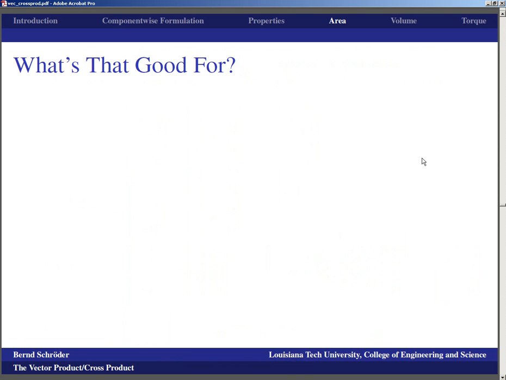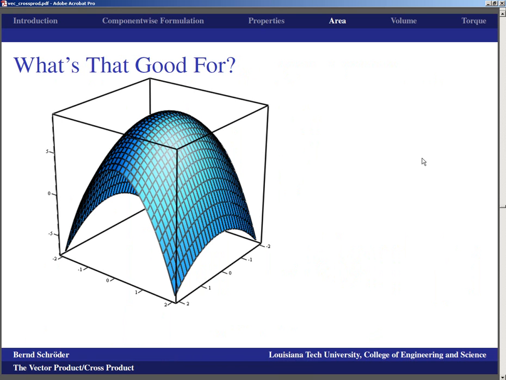What's computing areas of parallelograms good for, other than just computing areas of parallelograms? Well, one of the things that we're going to do later on in the course is compute areas of surfaces that have more difficult shapes than just being made up of straight objects. This is a surface plot of a paraboloid, I think, but I just needed the generic picture of a surface. These lines give us a grid on the surface, and that grid turns into small parallelograms ultimately.